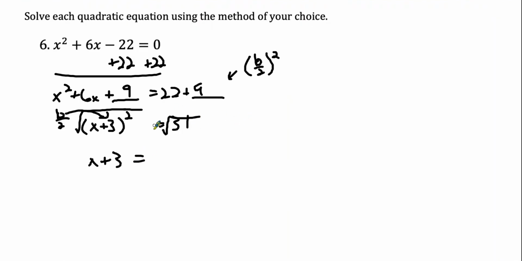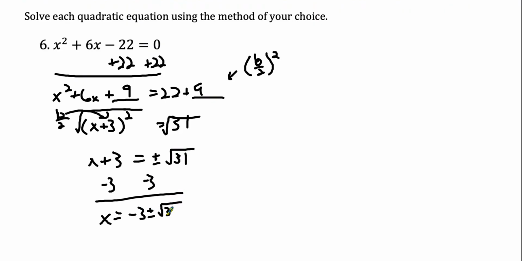On the right side, whenever we take a square root, plus or minus, and 31 is not a perfect square, so I'm just going to leave that as the square root of 31. The last thing, to get x by itself, subtract the 3 over. So I'll get x equals negative 3 plus or minus the square root of 31.